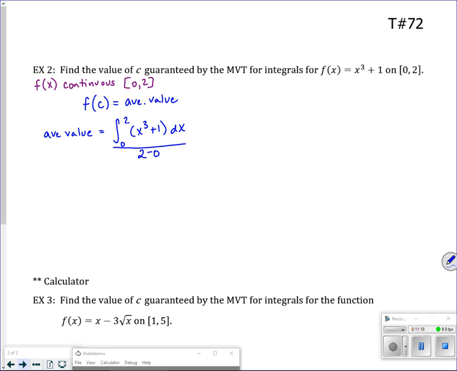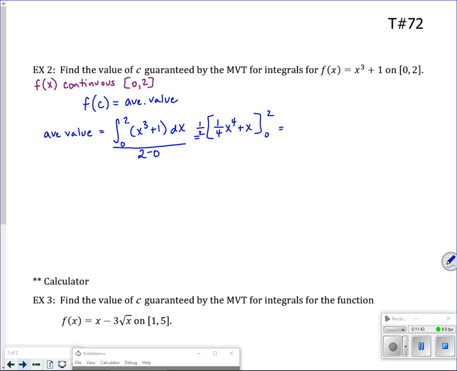This is kind of what we did before. So let's figure this average value. That would be 1/4 x to the 4th plus x, and I'm going to evaluate that from 0 to 2. Sometimes I can combine and multiply by 1/2 because of this over 2.